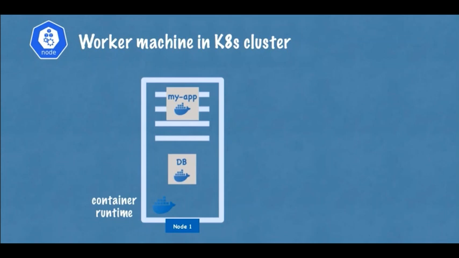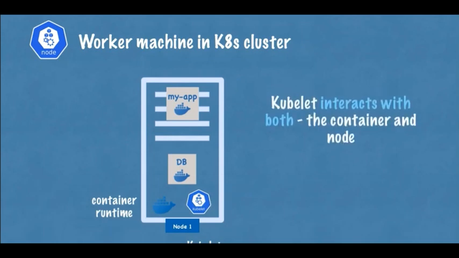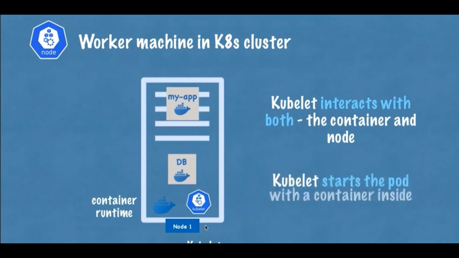The process that actually schedules those pods and the containers underneath is the kubelet, which is a process of Kubernetes itself. Unlike the container runtime, it has an interface with both the container runtime and the machine, the node itself, because at the end of the day the kubelet is responsible for taking that configuration and actually running a pod or starting a container inside it, and assigning resources from the node to the container, like CPU, RAM, and storage resources.